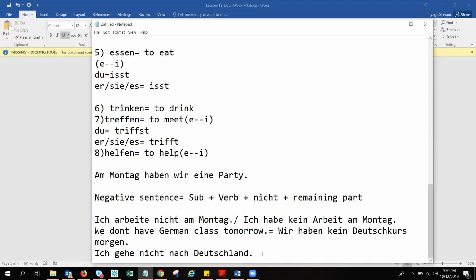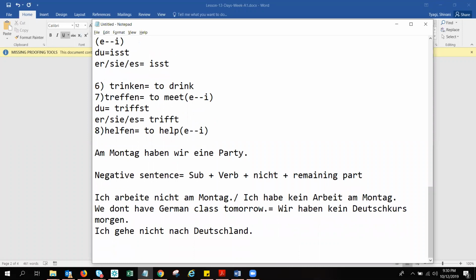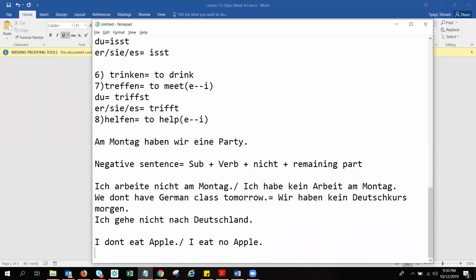Same, like if I want to say I don't eat apple, that means I eat no apple. The negative is for the noun. Or if I say I don't eat in the night, so there is a difference. I eat no apple means I am using the negative for the noun.